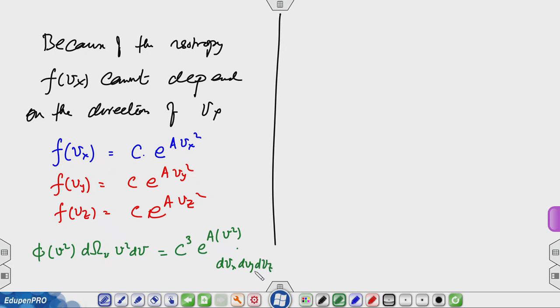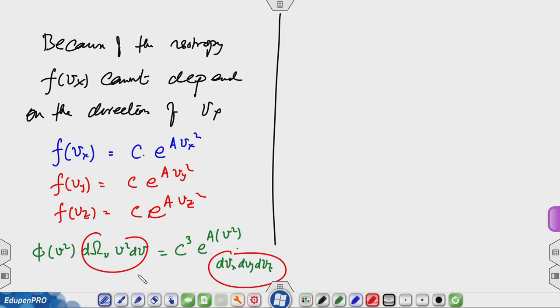So this sits well. Phi depends on v square and the volume elements are the same. These are the volume elements, and then this is all consistent. So what we need to do now is calculate this A.